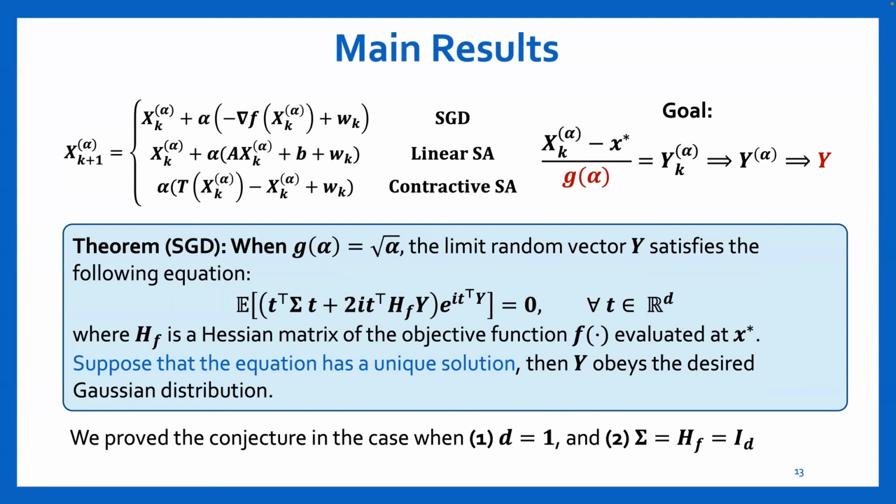For example, in the scalar setting where the iterate is a scalar, we establish the uniqueness assumption. Also in the special case where the covariance matrix sigma and the Hessian matrix are both identity matrices, we can show the uniqueness. More general cases are a future direction.